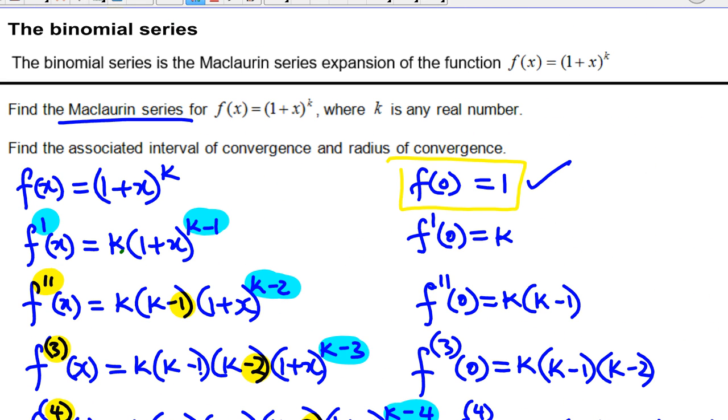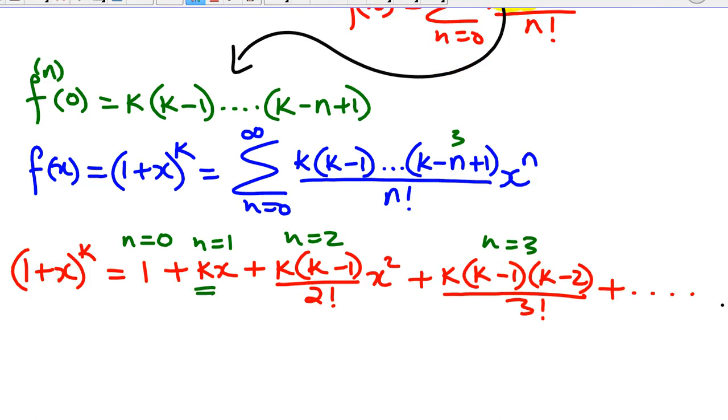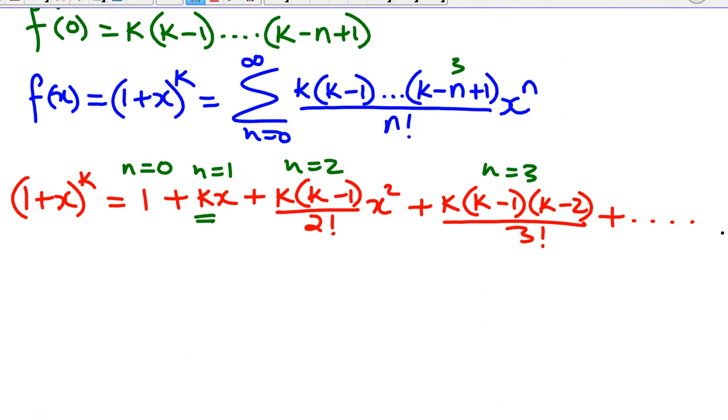And now I'm going to move to the second bit, where we are required to find the associated interval of convergence and radius of convergence. So to find the interval of convergence, we are going to use the ratio test.